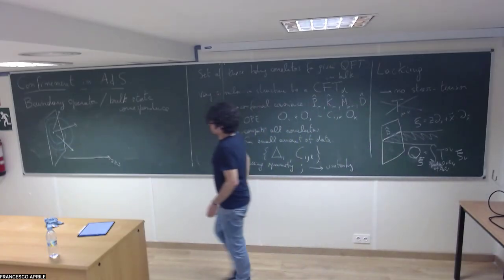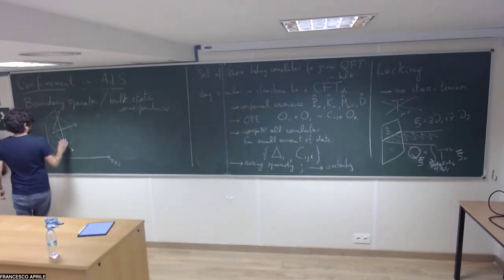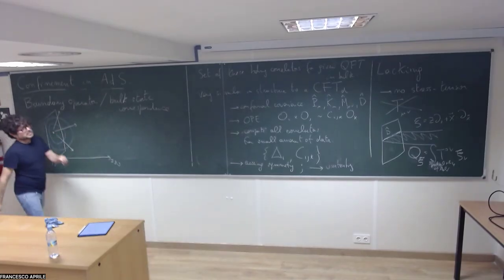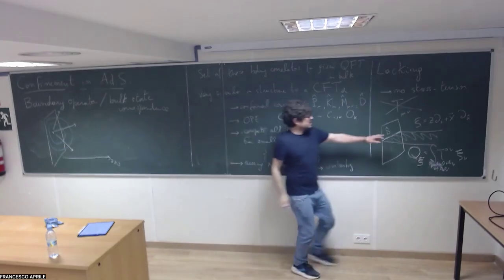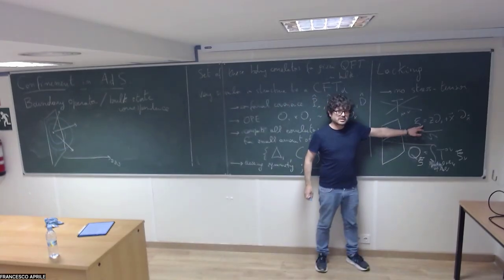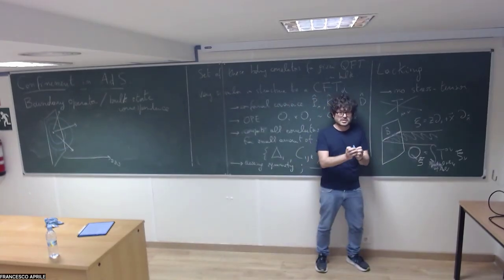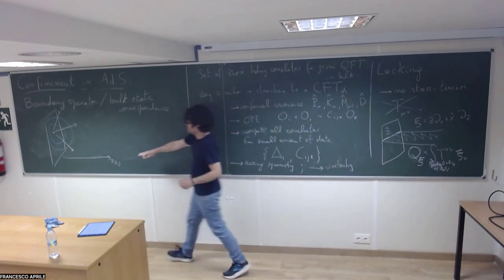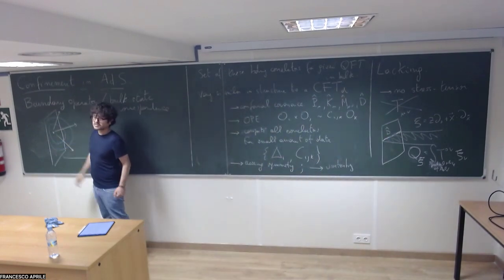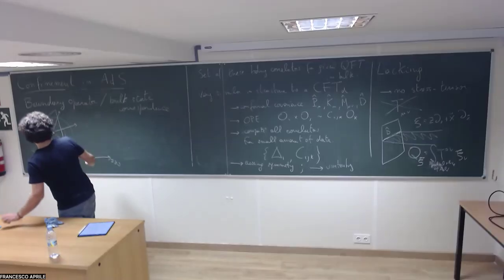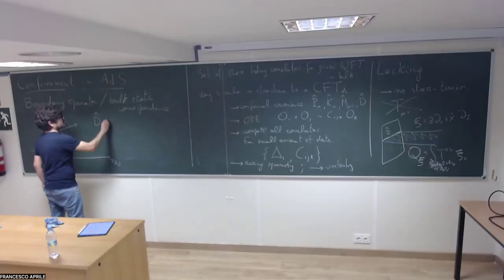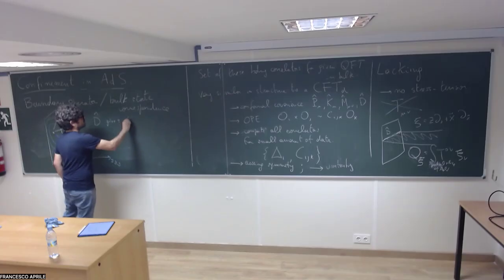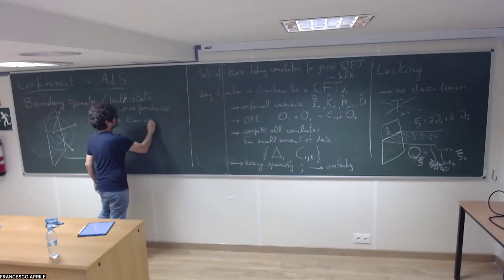So you see this is precisely the direction of this isometry that I mentioned, the one that rescales Poincare coordinates. This is rescaling the z direction and the x direction in the same way. And so D gives me time evolution in this quantization.